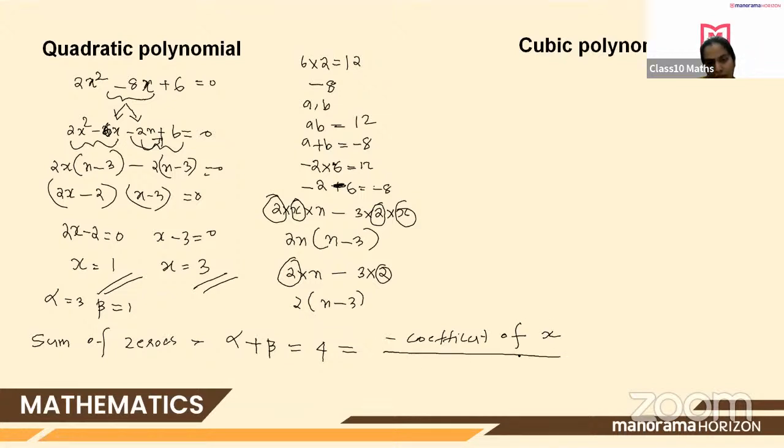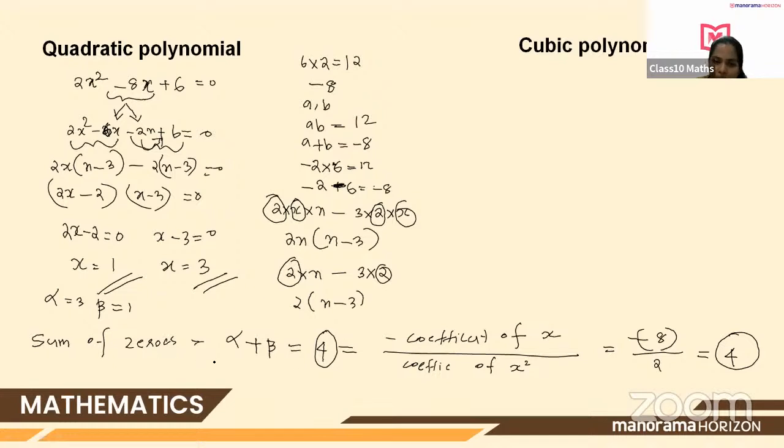We can relate it to the coefficients, which is equal to minus coefficient of x divided by coefficient of x square. So let us check what is the coefficient of x here, which is minus 8. That is minus of minus 8 divided by coefficient of x square, which is 2. So the answer is 4. So here also we get the answer 4 and here also we get the answer 4.